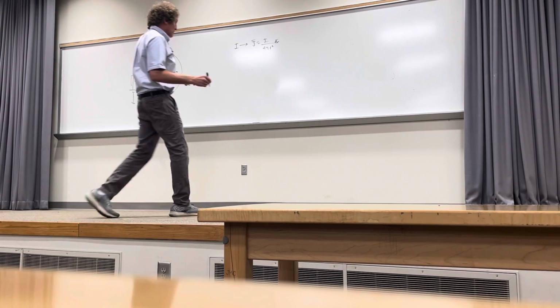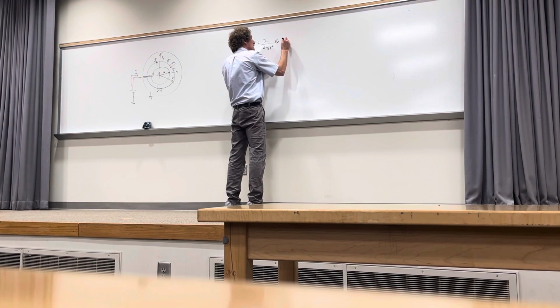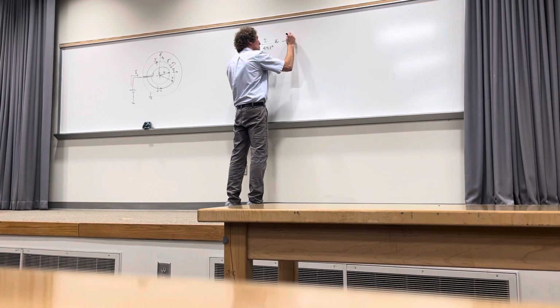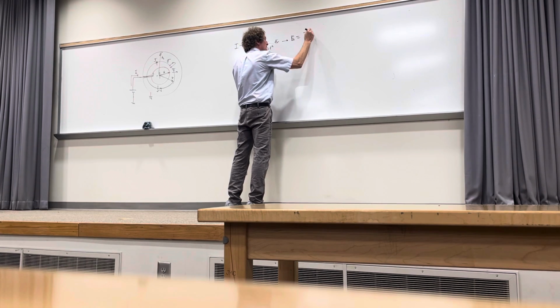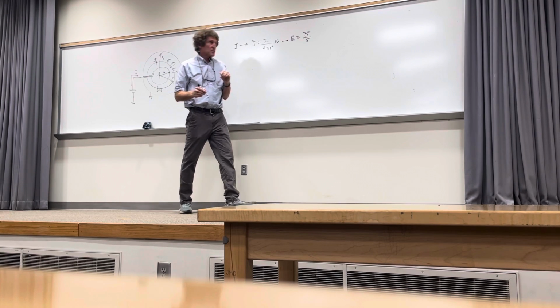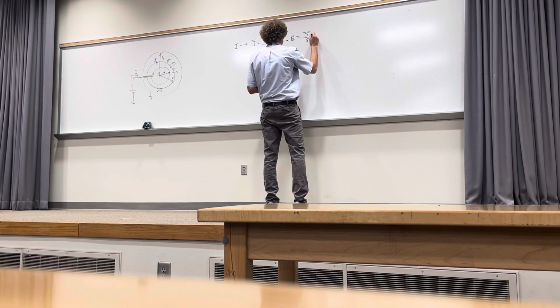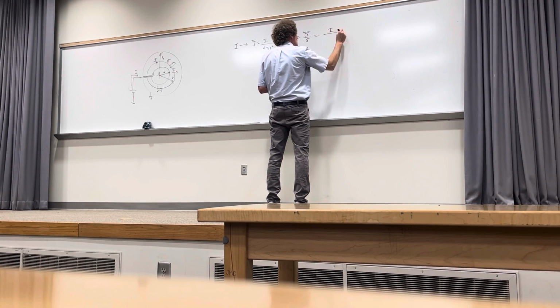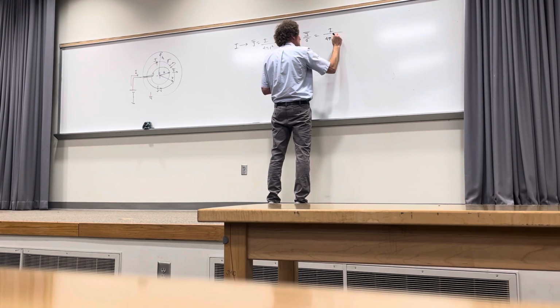Now I'm going to get E, right? And to get E, I know that E is equal to what? J divided by sigma. Correct, class? And so that's going to be simply equal to I over 4 pi sigma r squared a_r.